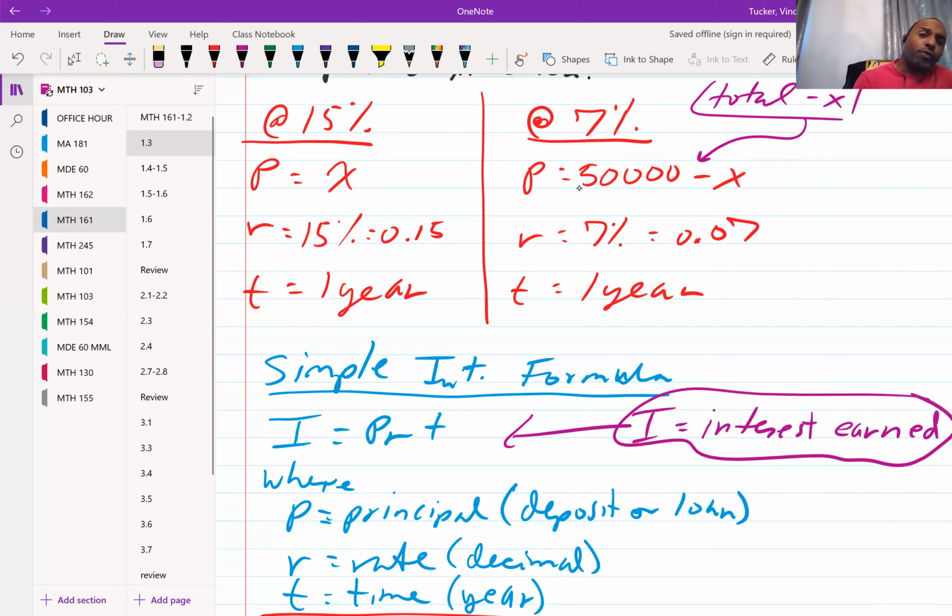All right, so your rate is 15%, so you convert that to 0.15. The second account, the rate is 7%, so that'd be 0.07. You just move the decimal 2 places to the left. And then we're talking about in 1 year. So the time is 1 year for both accounts.